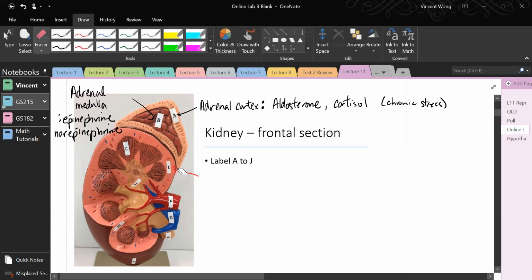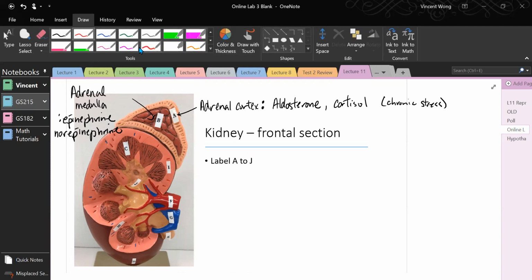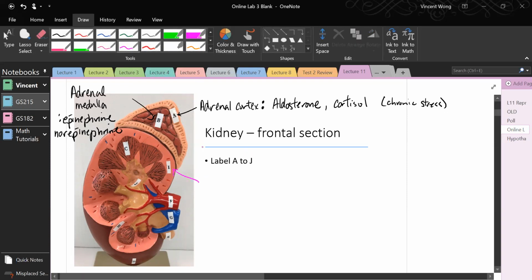Okay. I over here, that is the renal cortex. C is this whole thing. That is the renal pyramid. F is the renal artery. That is the renal vein.